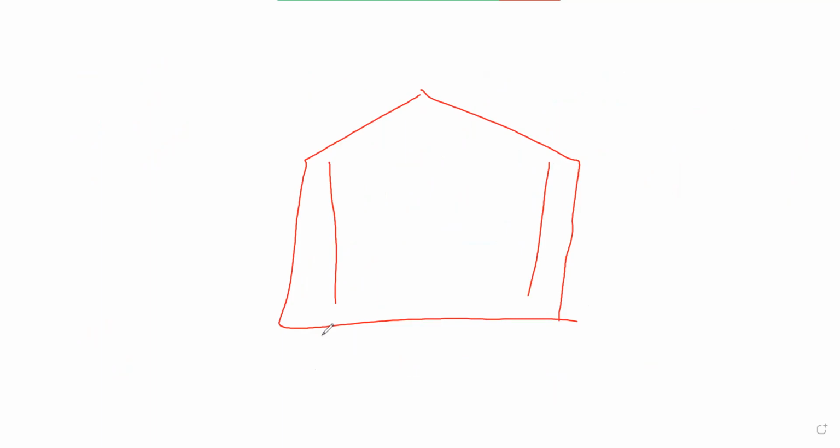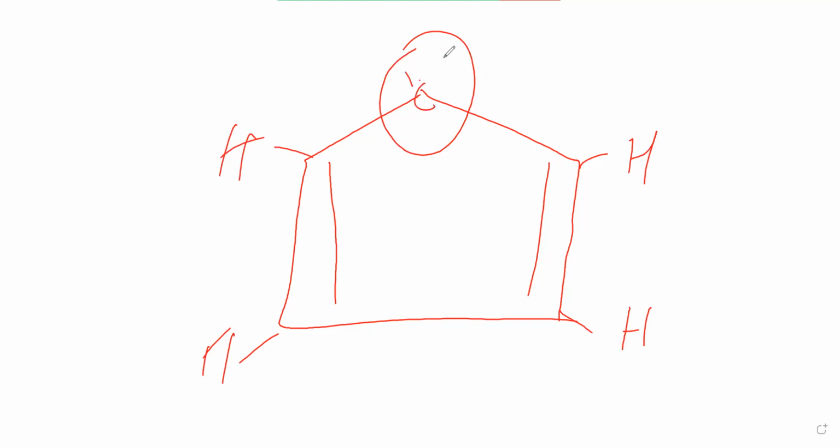Why? Because it does not have conjugation. And you see this carbon, this is sp3, because it has two hydrogens. Clear? Not planar, so leave it. Any point that you can see directly, leave it.